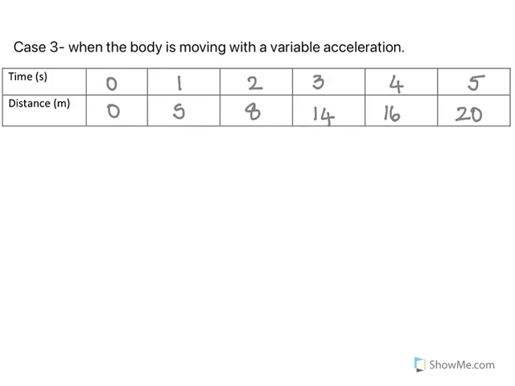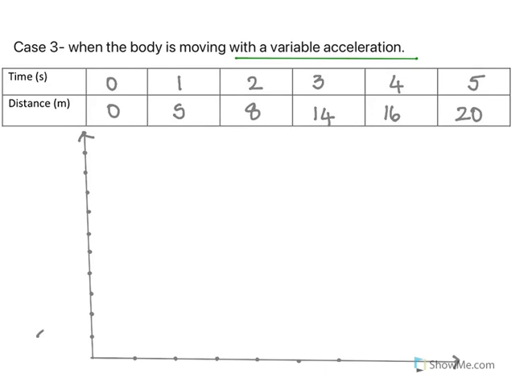Now we get on to case 3, when a body is moving with variable acceleration. So this is the velocity time graph. We have velocity taken on the y-axis, meters per second, and time taken on the x-axis in seconds. So we'll have 0, 1, 2, 3, 4, 5, 6 seconds.